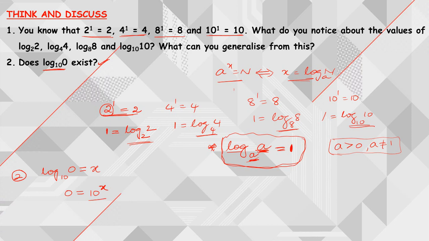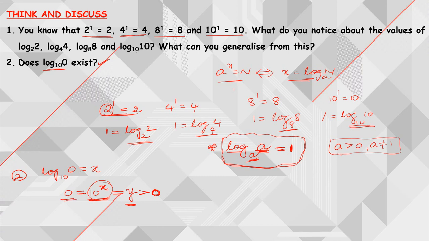10 power of x is nothing but exponential form, right? So 10 power of x is equal to 0. While discussing the exponential function, we discussed that if I consider y is equal to 10 power x, the exponential value is always greater than 0. That means the exponential value always gives you a positive value, so 0 is not possible.